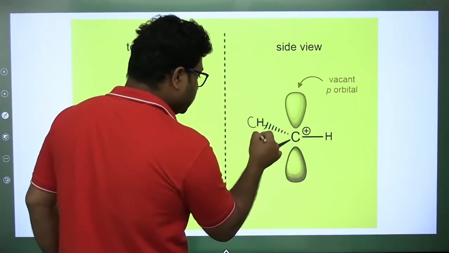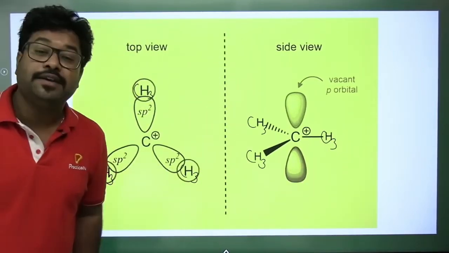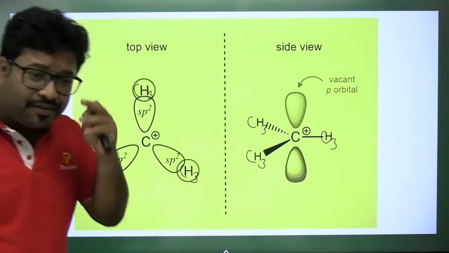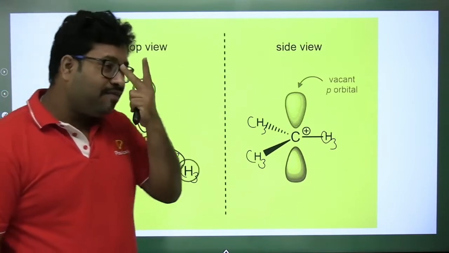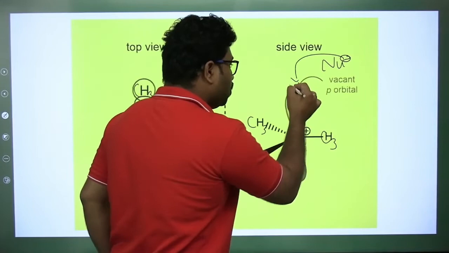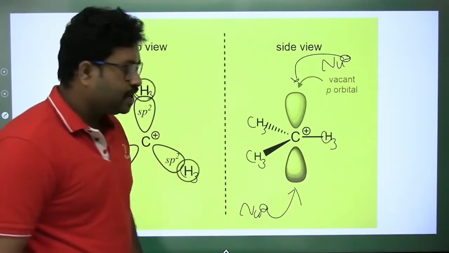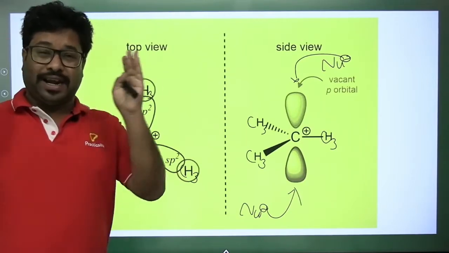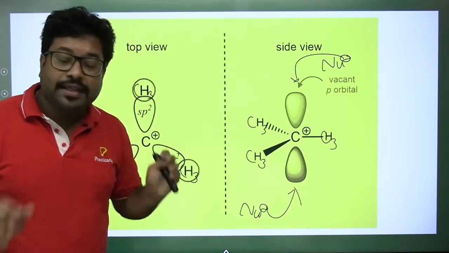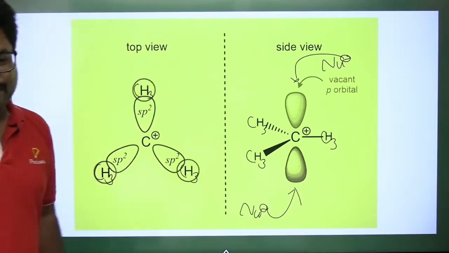So you can see a vacant p orbital, or you can say empty p orbital. And whenever your nucleophile comes, it tries to attack either from the top side, or from the bottom side. So that is how the real definition of your SN1 reaction is all about.